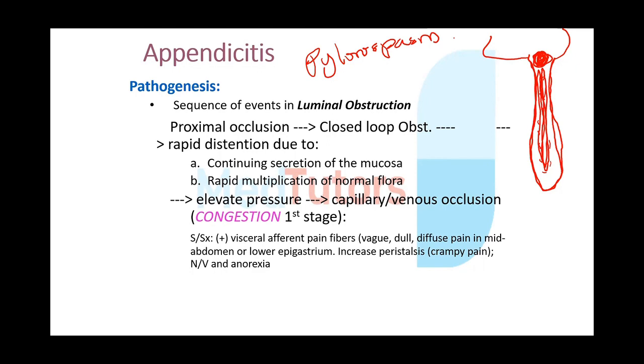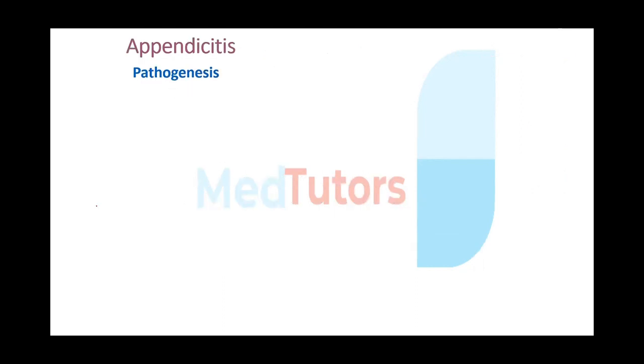That's why the vomiting is just once or twice in acute appendicitis, because of that reflex pylorospasm, which usually is one episode or two episodes of vomiting of recently ingested meal. When you see a patient having persistent vomiting of bilious effluent, usually it is a complicated appendicitis or peritonitis from other causes.